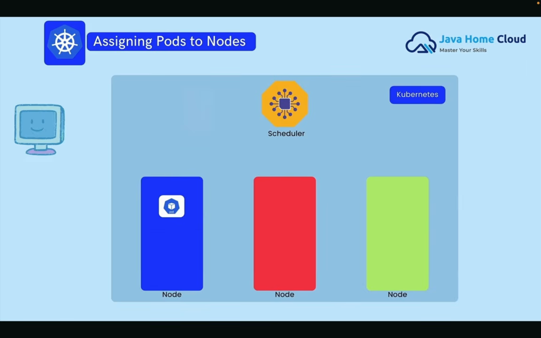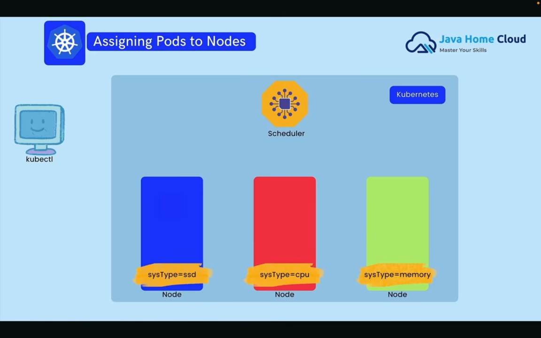The scheduler is really nice, good, brilliant. It does its job. But in some cases, we want to have a little more control on where to schedule our pods. Let's take one more example here. There are 3 nodes with 3 different system types. First one is SSD, then CPU and memory. Think like this.